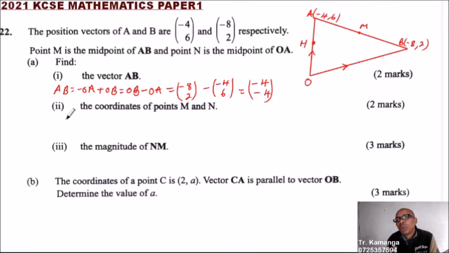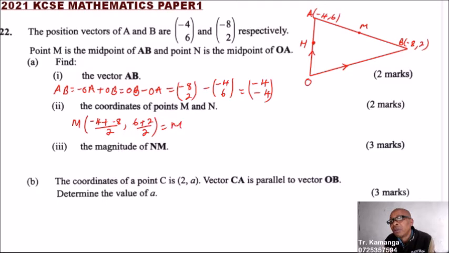Roman number 2, we find the coordinates of points M and N. Let's start with M. We can say (-4 plus -8) divided by 2, and for y, (6 plus 2) divided by 2.